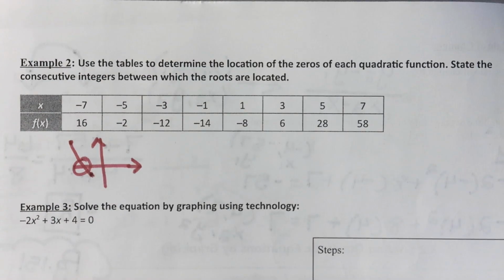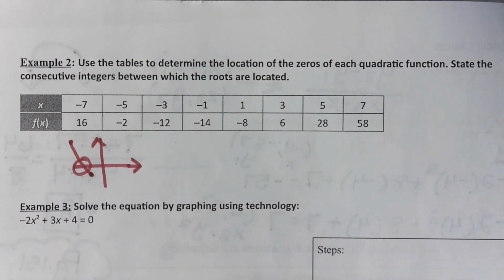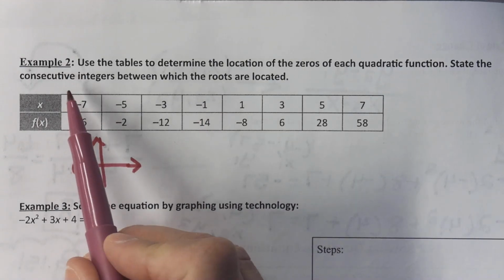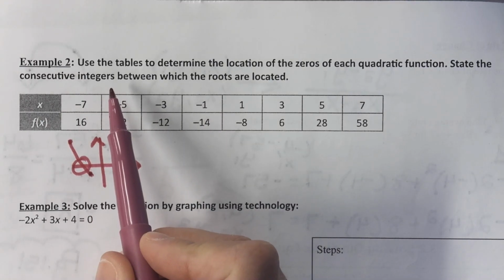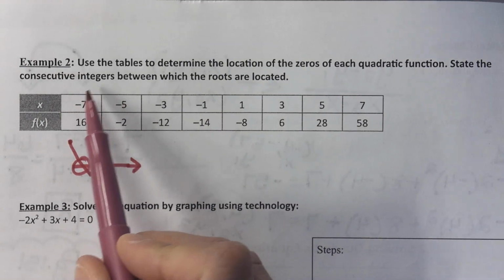So somewhere in here, I don't know exactly where, but somewhere in there I had to cross if my signs switch. So I was in positive land and I went to negative land. In order to get from one to the other, I have to cross the x-axis. It's a must, okay?